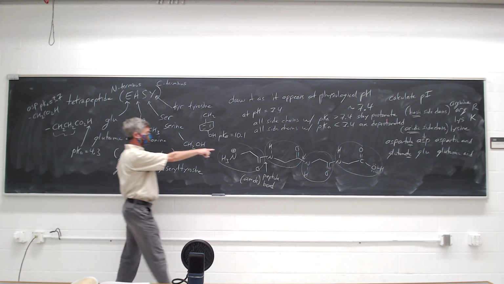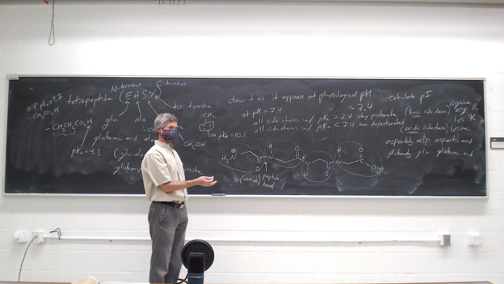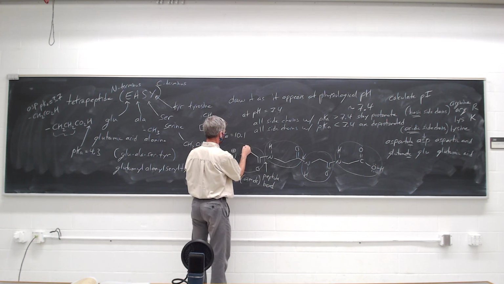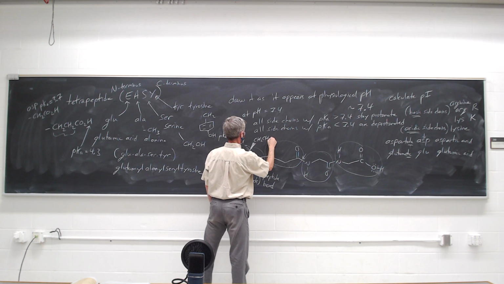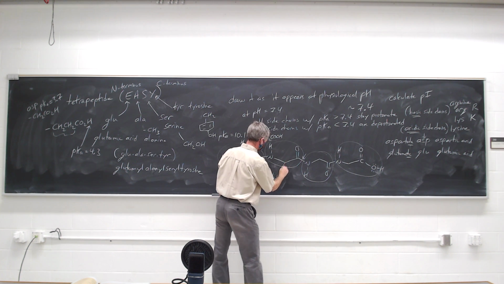When the vertex is pointing up like this, is the hydrogen up or back? Back. So this hydrogen will be back. My side chain will be up. When the vertex is pointing down, the hydrogen's up.